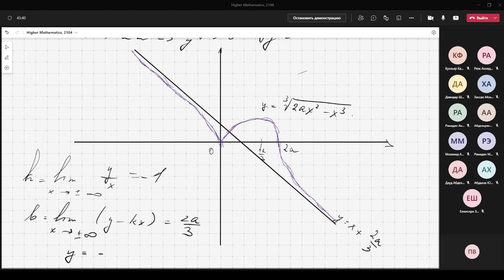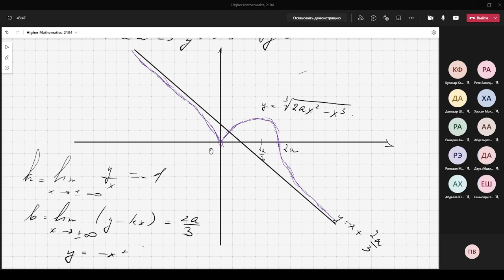The straight line y equals minus x is an asymptote. This is example 6.